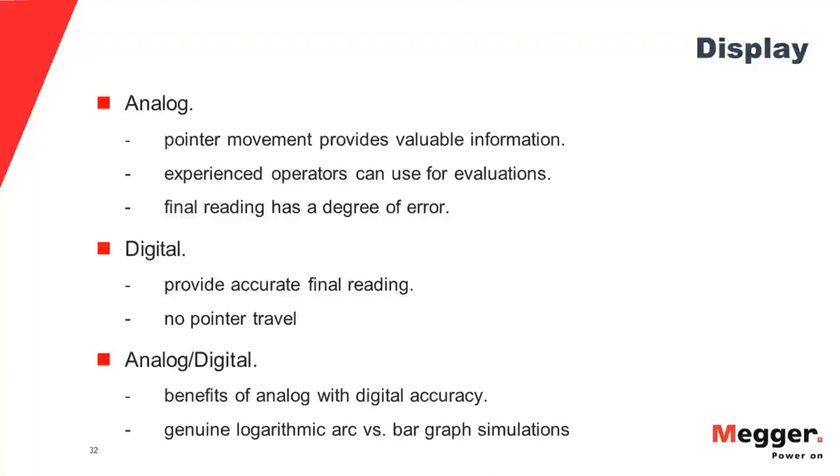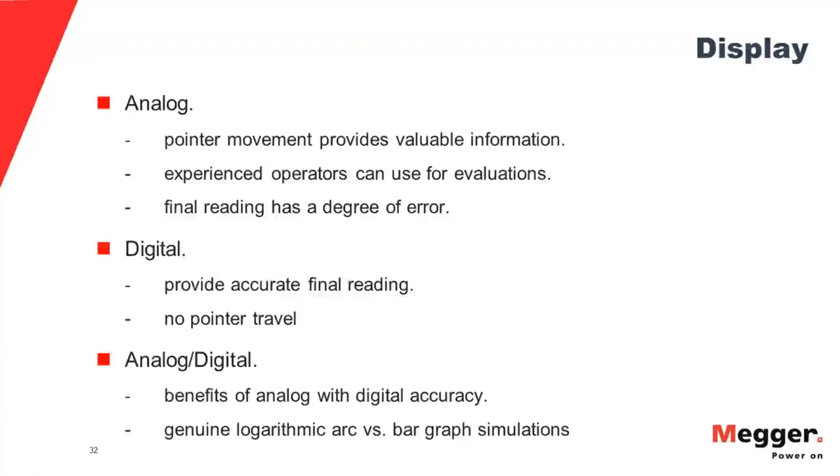The analogs gave you pointer travel, and your experienced operators were very good at recognizing pointer travel. They wanted to see the pointer traveling up to higher readings, because typically with analog units, the pointer rests on the high end, and when you start the test, it pegs low, and then it drifts back up.